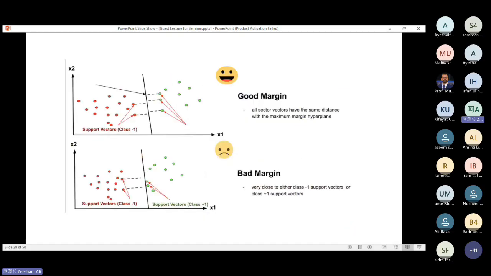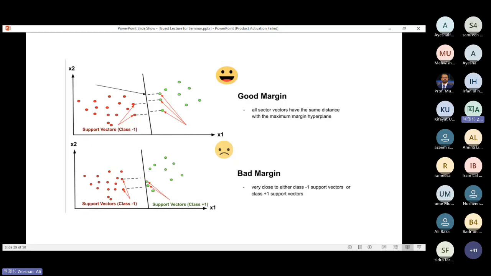You can see if a point is far from the decision boundary, it means that it is a good margin. But points which are very close to the decision boundary are called a bad margin. If you drive, you need to drive at a good margin from other cars, bicycles and bikes.